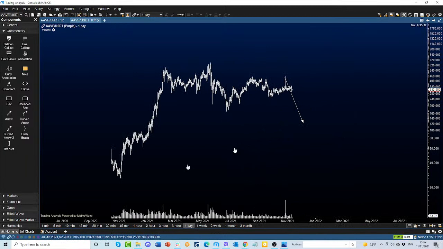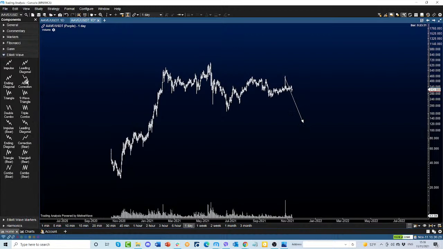In that case, that will be a wave 1 down in 2, and this will be an ideal next entry level for AVE. And this will be a double combo or a double correction, with 3 waves down in W, 3 waves up in X or some triangle in X, and then a Y wave completing down around this level.